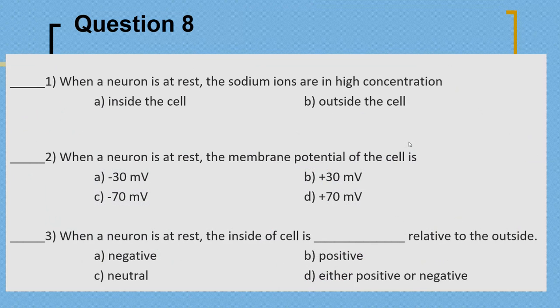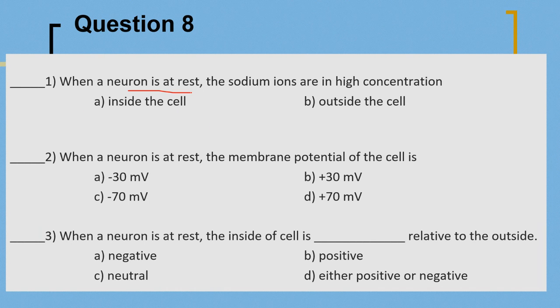So let's go ahead and take a look at these questions over what we just did. I'll give you a second to take a look at those. Okay, these are in your in-class questions that you have in your packet that you got from the bookstore.